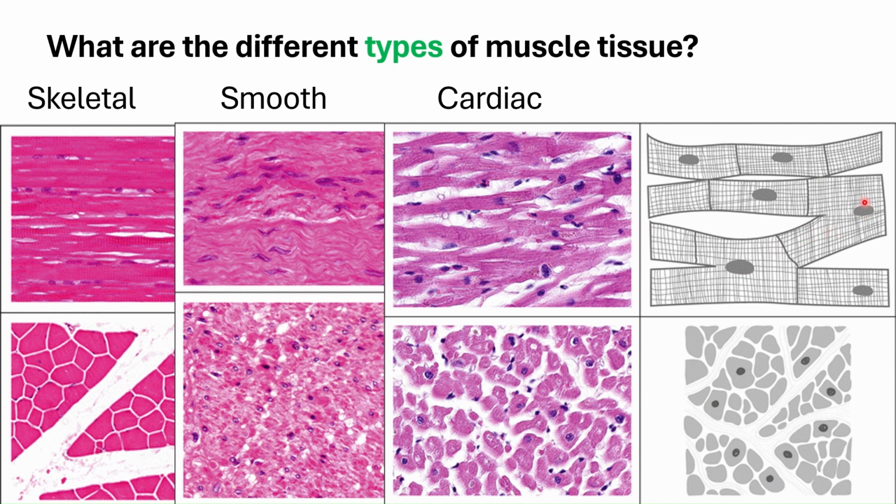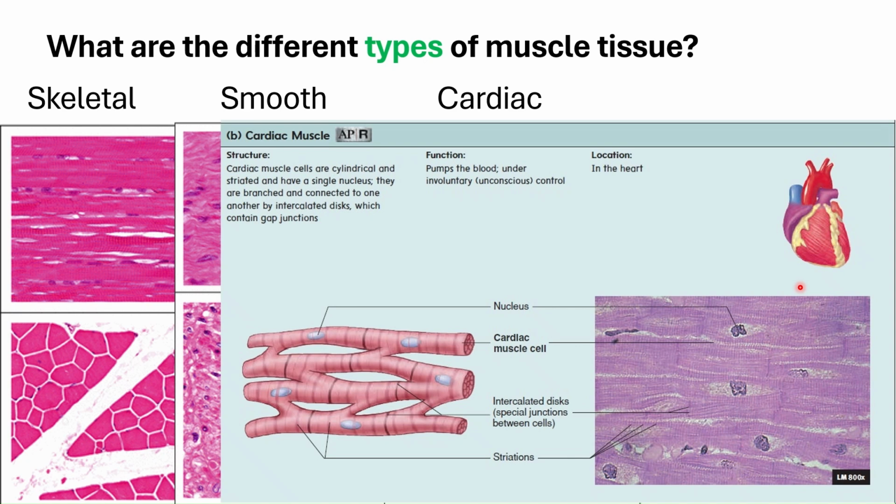The key primary function of the intercalated disc is so that there will be unison in the collective contraction of your cardiac muscle cells. So if one cardiac muscle cell contracts, all the other cardiac muscle cells will also contract, because they are easily communicating with one another via these intercalated discs. That is a key feature of your cardiac muscle cell.